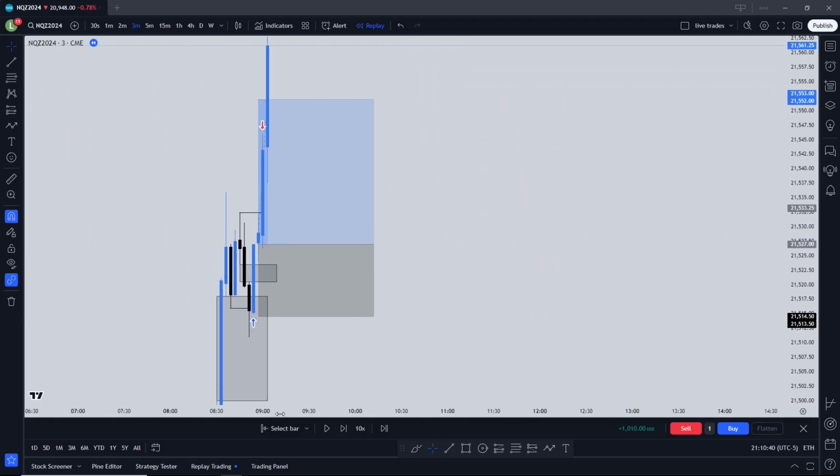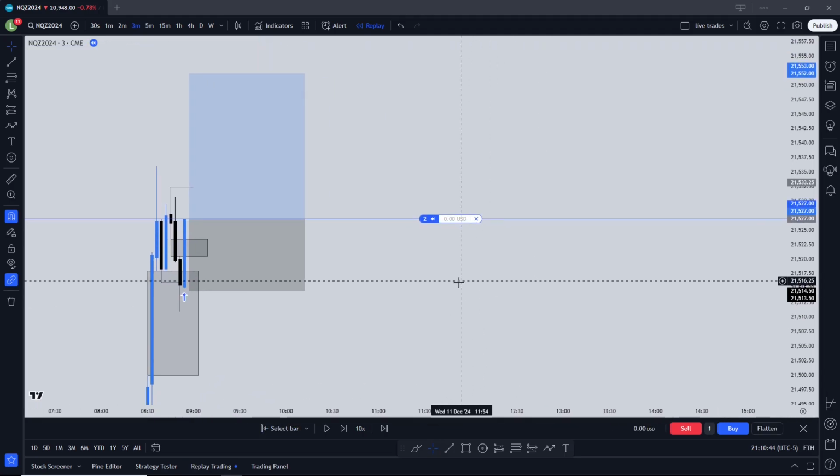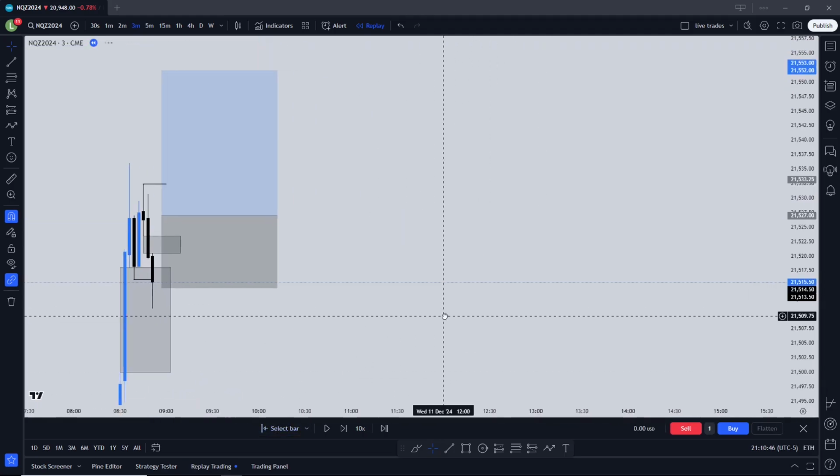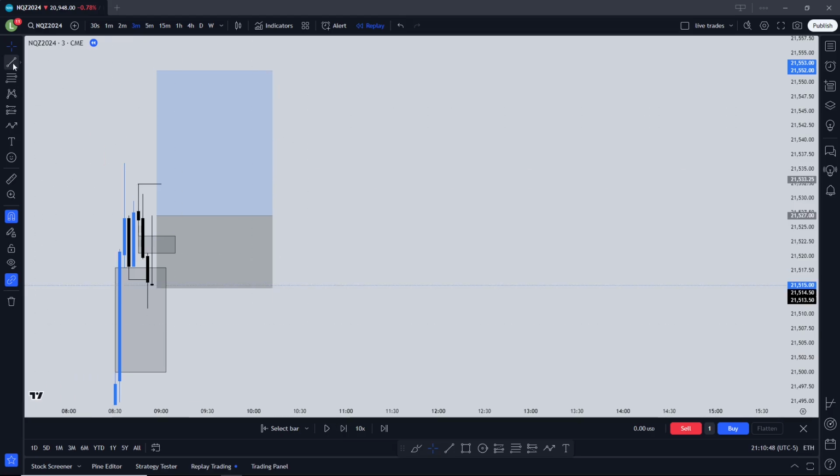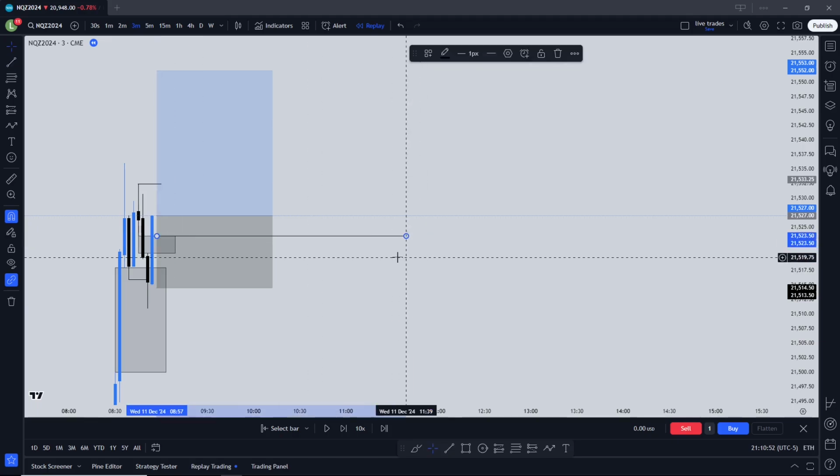So now what you do also notice is if we had set up a limit order right here, right?